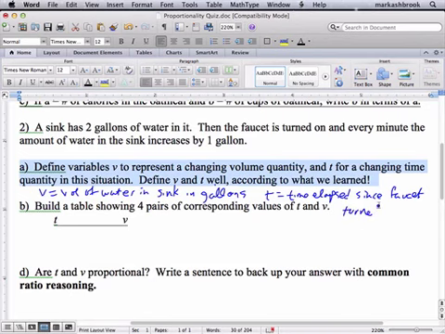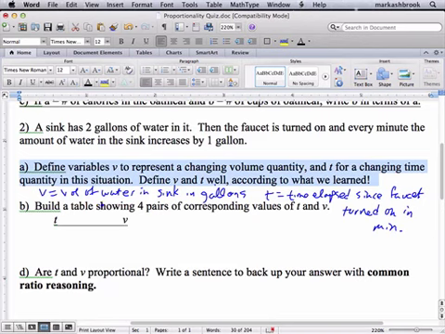In minutes, again, 2 points. So 0, 1, or 2. Got to have the units. It's got to be this changing quantity. You've got to have since the faucet was turned on, or since the water started running, something like that. So that's worth 2 points each.